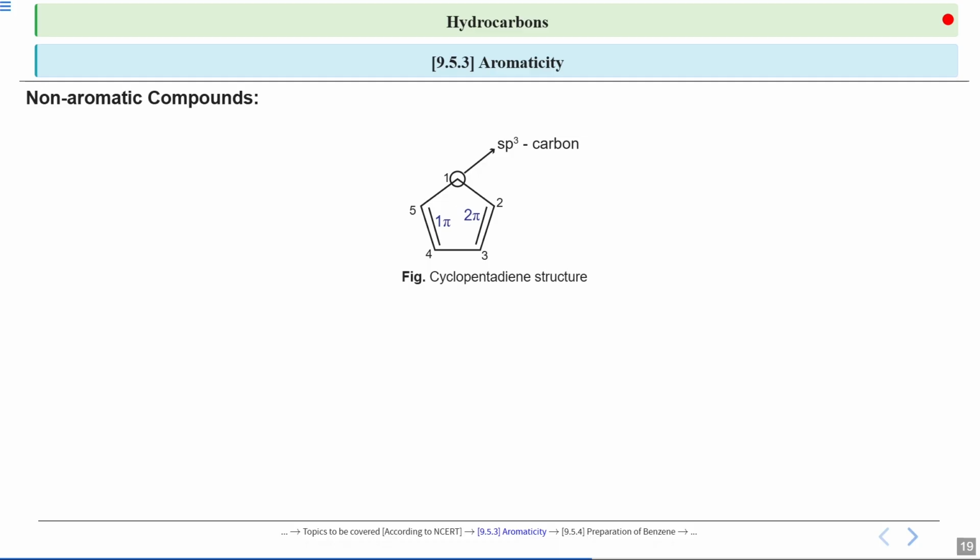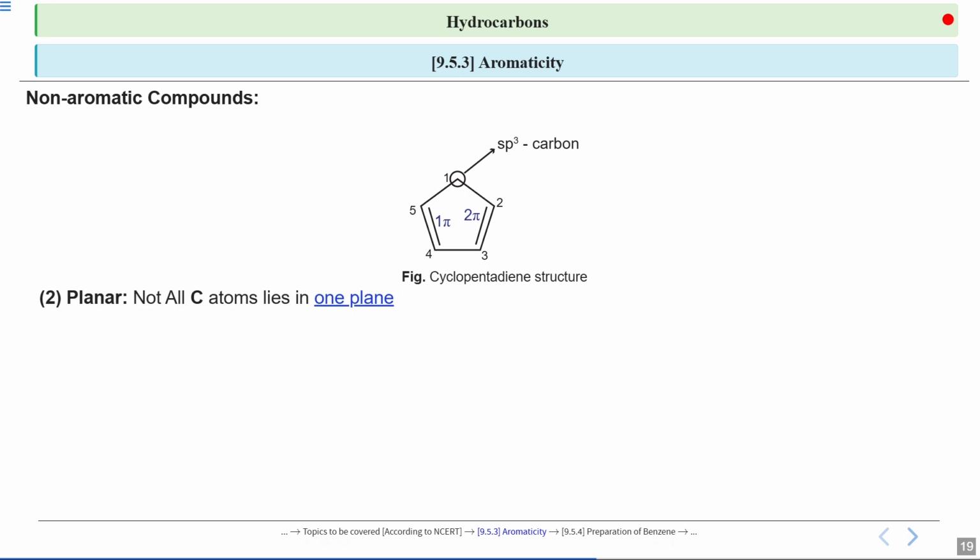Continuing with the discussion. Next is your planarity. If you look at the image, you can see that the carbon labeled as 1 has sp3 hybridization. Now the sp3 hybridization differentiates it from an aromatic compound like the cyclopentadienyl anion, as its presence breaks the continuous p orbital overlap required for aromaticity.